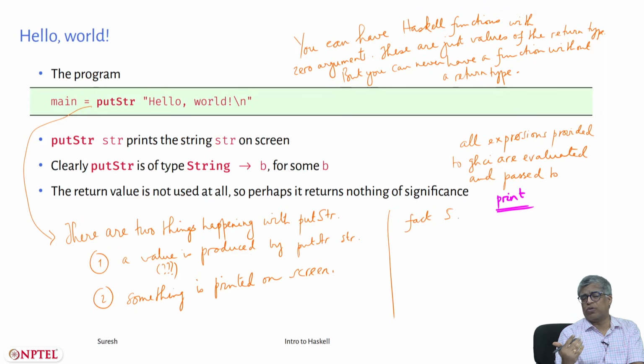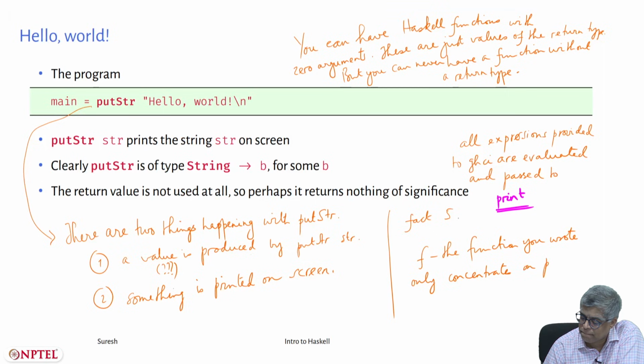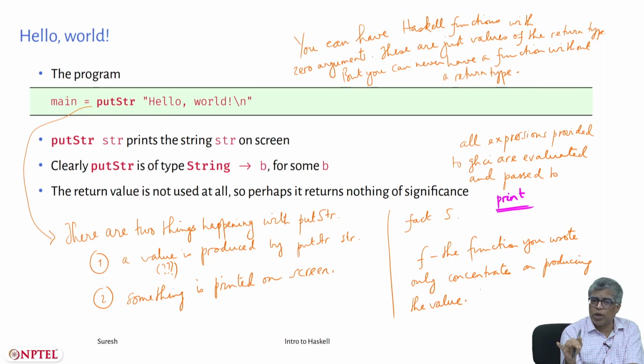That's it. It should produce a value. That is all the function worries about. The function f that you wrote only concentrates on producing the value, not printing. Whereas putStr is actually printing it on the screen. So there are two things that are happening: something is printed on the screen and a value is produced, but this value is not used at all.